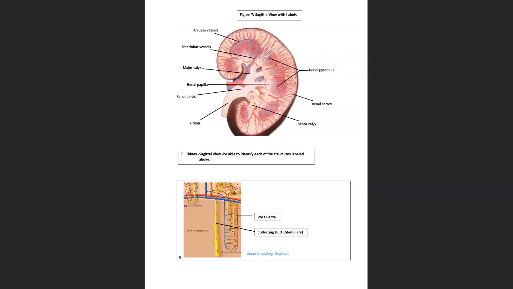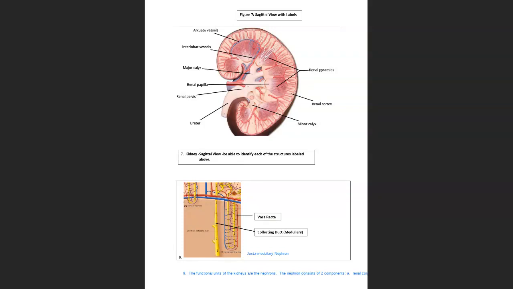And they are the renal corpuscle, which consists of the glomerular capsule and the glomerulus, and B, the tubules.